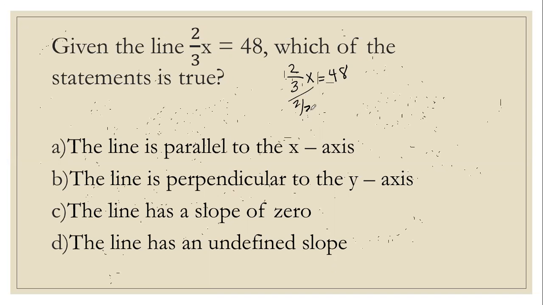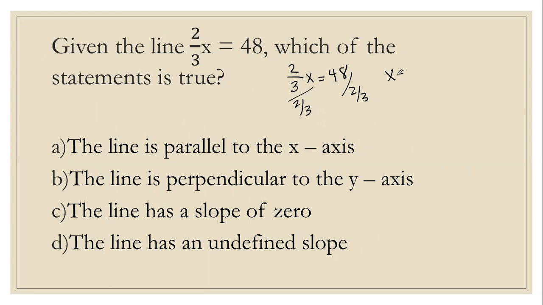Anyways, we're going to divide both sides by 2/3, which is the same thing as multiplying by 3/2. So that would give us x equals 72. Now use that to answer the question.